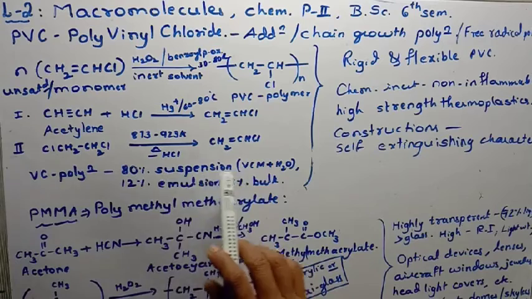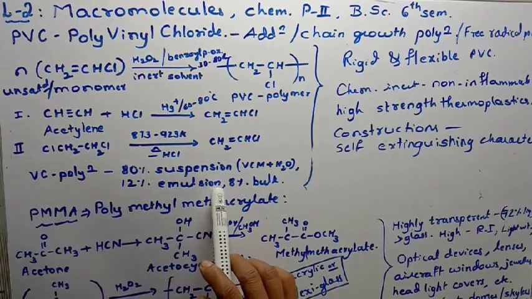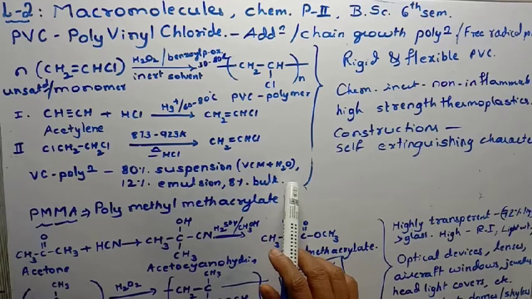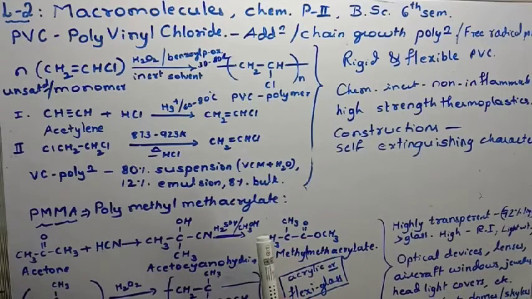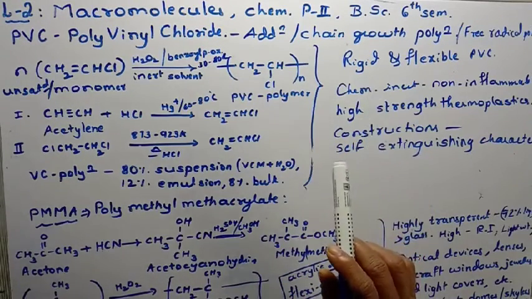That is said to be suspension polymerization, and 12% emulsion polymerization and 8% bulk polymerization. Thereby you will get the polymer. Now with this we'll go through the nature.